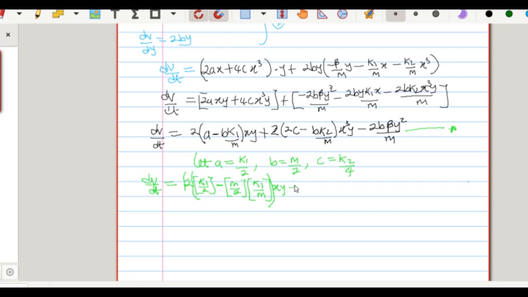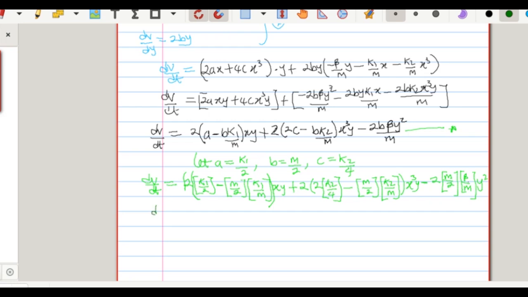So this will be plus 2 into 2, and we have the value of c to be k2 over 4, minus the value of b to be m over 2 times k2 over m, and all of this is x cubed y. Then minus 2b, which is m over 2, into beta over m multiplying y squared.